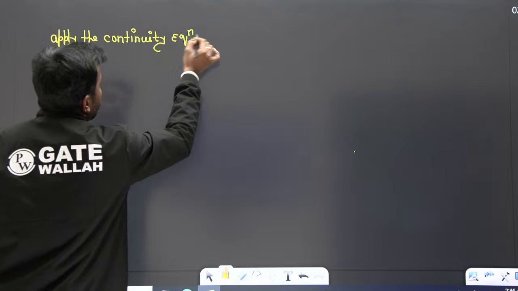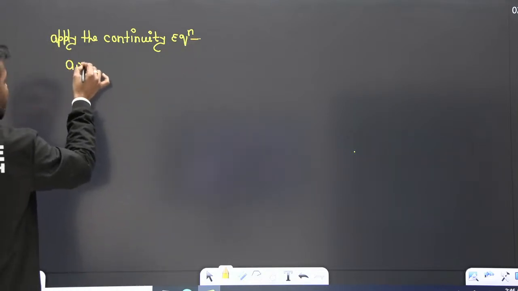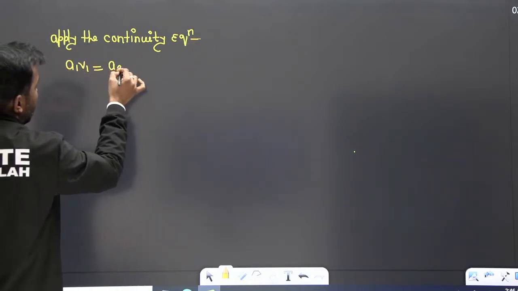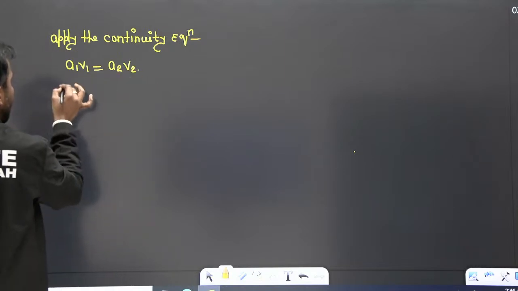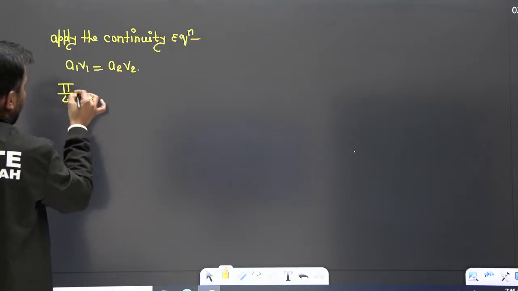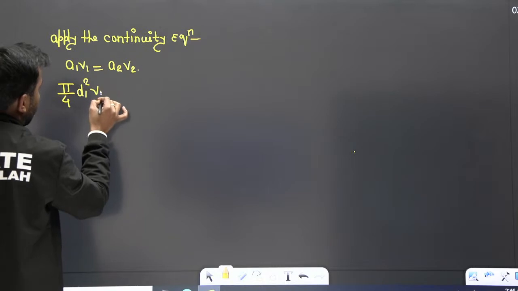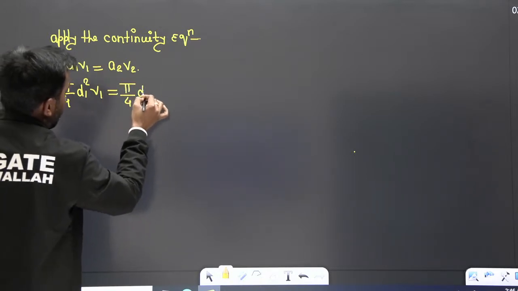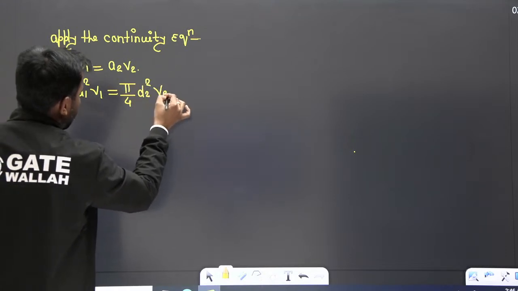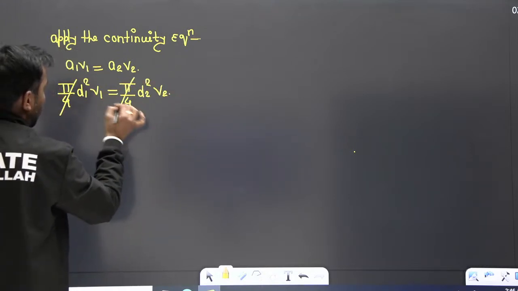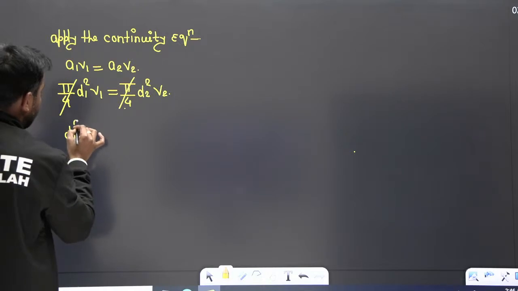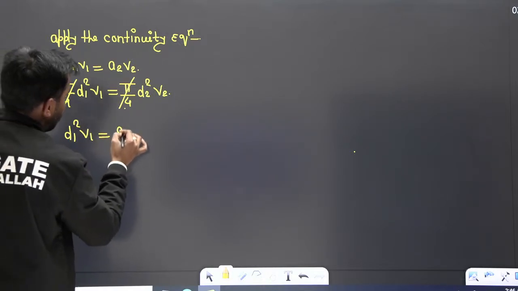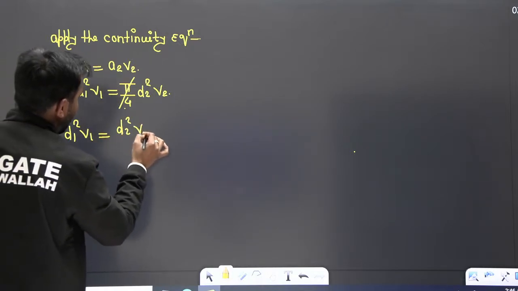According to this, A1 V1 is equal to A2 V2. Clear? And A1 is pi by 4 D1 square, and that is times V1, and this is pi by 4 D2 square times V2. So pi by 4 gets cancelled out, and D1 square V1 is equal to D2 square V2.